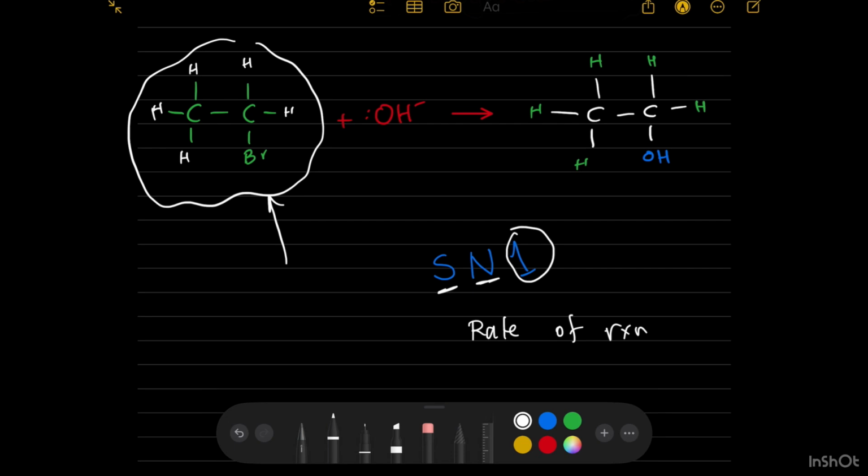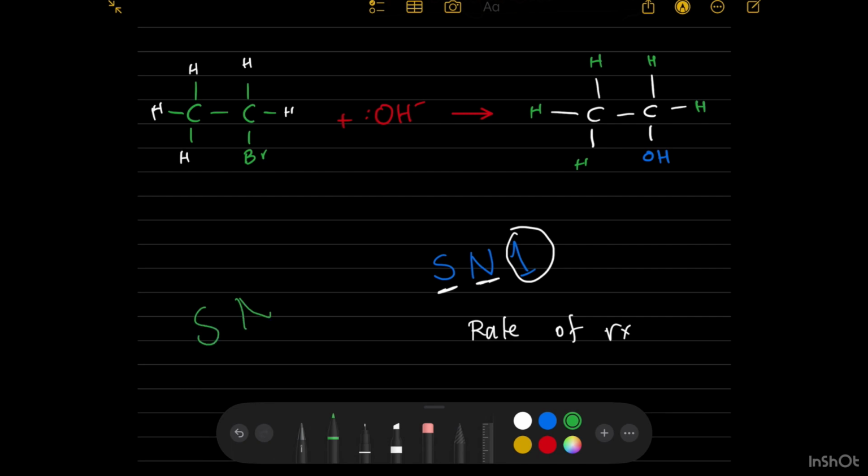The opposite is true for the SN2. We have a nucleophilic substitution, but the 2 here means it depends on both the concentration of hydroxide, or the nucleophile, and the concentration of haloalkane. That's the reason behind the names.